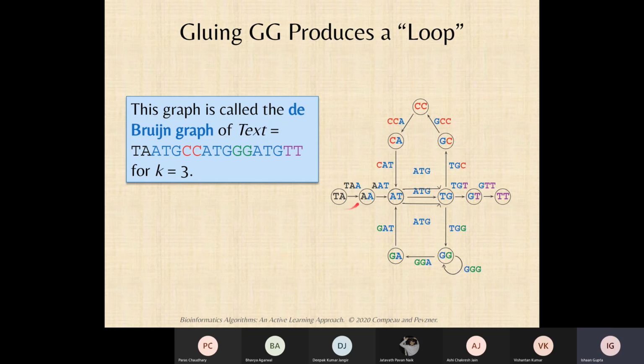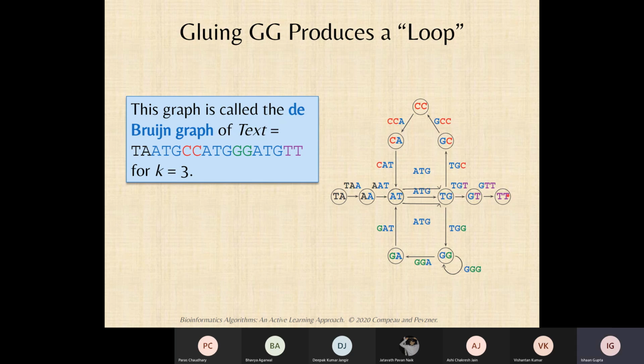Again, we will start from the node which does not have any incoming edge, and we should end at a node which does not have any outgoing edge. Okay, so now when you go through this, you essentially follow the arrows. You go like this, then you maybe go like this again, right? And then you end here.